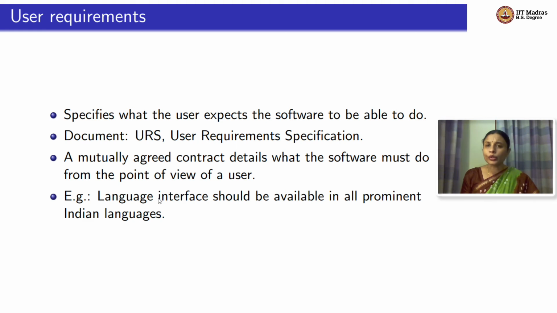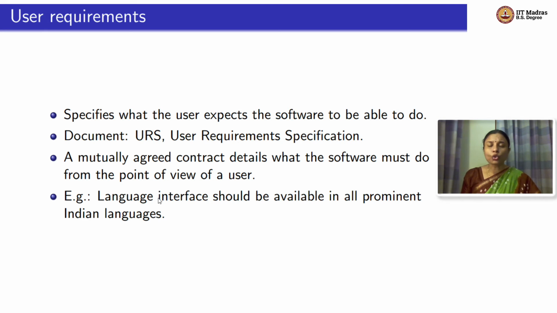Let's take mobile phones in India. One important user requirement is the availability of FM radio. So most phone manufacturers provide that as a user requirement because phone users use mobile phones for that. The next could be that the language interface of the phone should be available in all predominant Indian languages. Somebody might be comfortable with English, somebody might be comfortable with Hindi, somebody might be comfortable with Kannada, somebody might be comfortable with Gujarati.